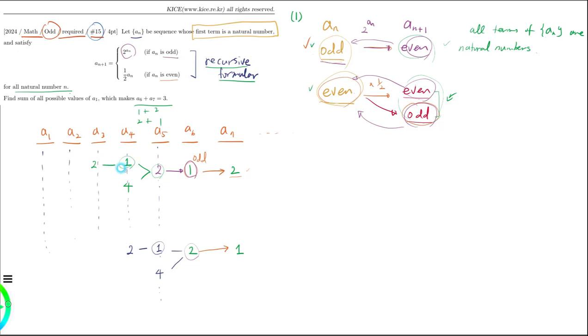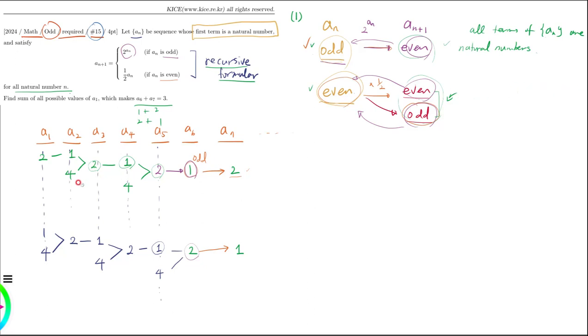Previous term of 1 is always 2, and previous term for the 2 is either 1 or 4, and so on.